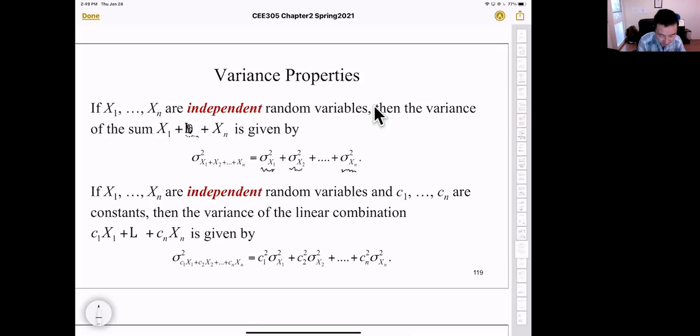And if X1 to Xn are independent variables and c are constants, then the variance of c1X1 plus c2X2 plus dot dot dot plus cnXn is given by this equation. Just pay attention: the constant becomes the power of 2.